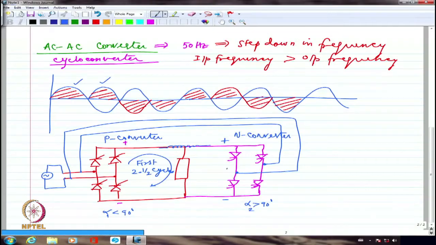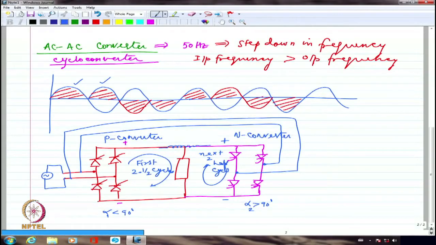So for the first two half cycles, the current is going with plus here and minus here. For the next two half cycles, the current is going with plus here and minus here.